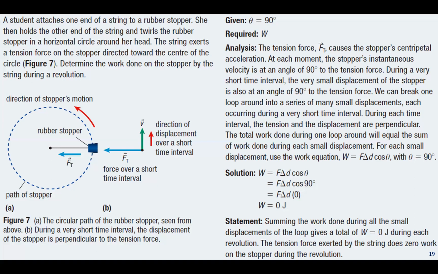Summing the work done during all the small displacements of the loop gives us a total of W equals 0 joules during each revolution. The tension force exerted by the spring does 0 work on the stopper during the revolution. Okay, do you have any questions?